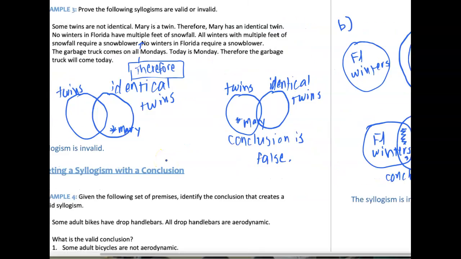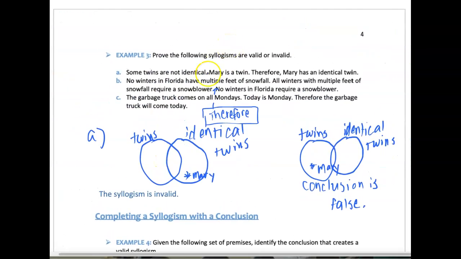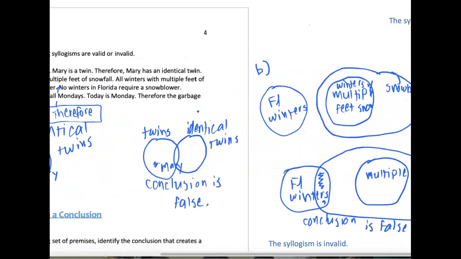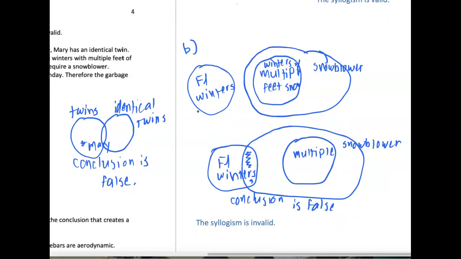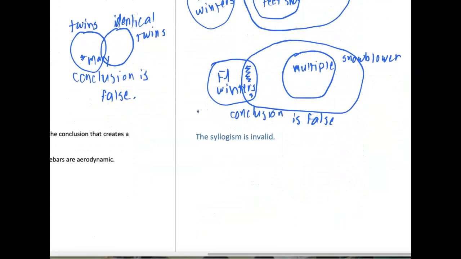Okay, let's try part C. Example C. The garbage truck comes on all Mondays. Today is Monday. Therefore, the garbage truck will come today. So your logic might already tell you that that's valid. I mean, seems valid. But let's draw our Euler diagram to be sure. So this one I will do down here.